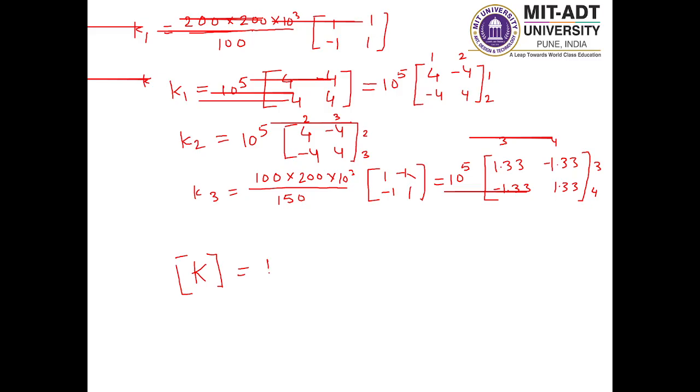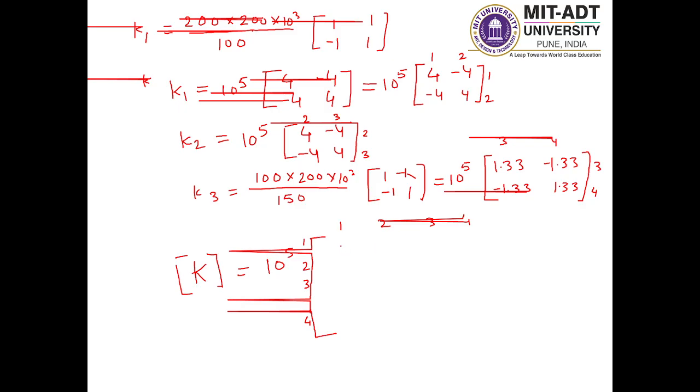Here I am taking 10 raised to the power 5 common, and before I place all the elements in their positions, I will write here first 1, 2, 3, 4, and here also column wise 1, 2, 3, 4, so that I can place each element in its place.